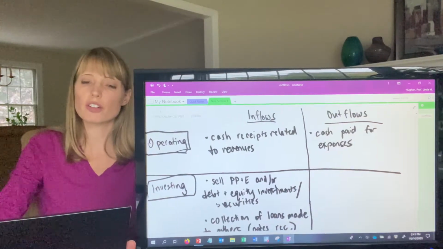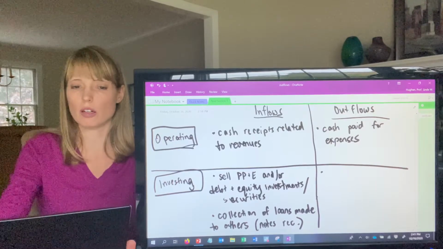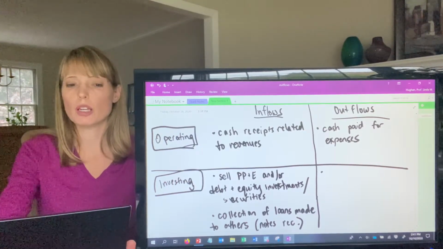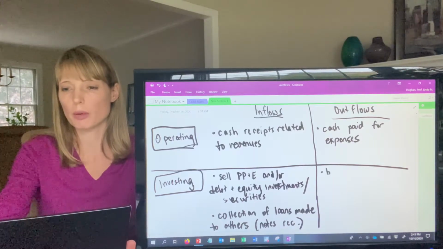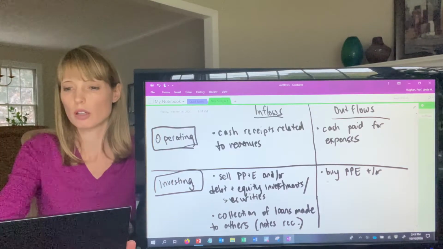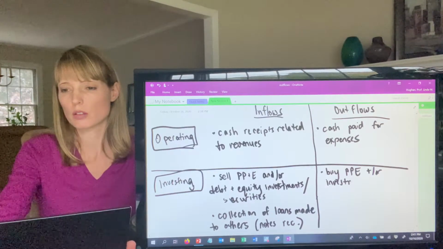Okay, and on the outflows section, it's just the reverse here. If we receive cash when we sell our buildings and investment securities, we pay out cash when we buy plant, property, and equipment and or investment securities.